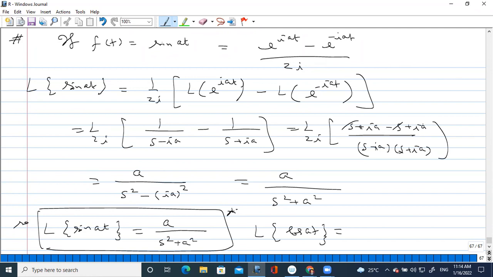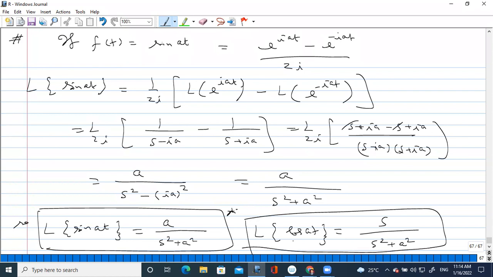So ia to ia will be cancelled. In numerator it will be 2s. In denominator it will be 2. So 2 to 2 cancel. So only s will be left. So it will be s divided by s square plus a square.